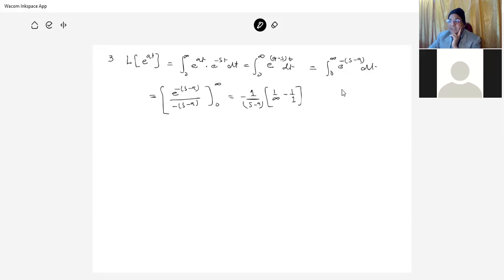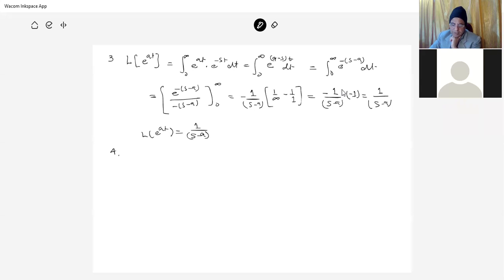So it is 1, that is minus 1 by s minus a into minus 1. So minus minus is plus, so it is 1 by s minus a. So the L of e raised to the power at is equal to 1 by s minus a.